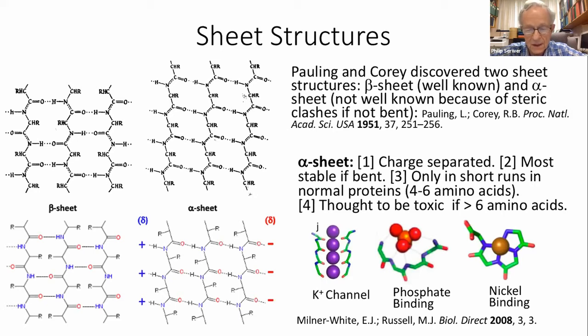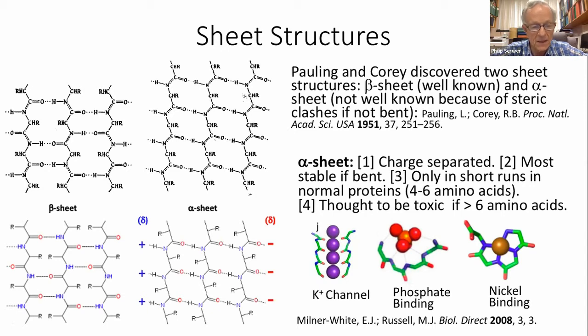Now note that the alpha sheet is bent in ion binding sites, and in general, the reason you don't know about alpha sheet is that there are steric clashes that tend to occur with the side chains, and those steric clashes are neutralized by bending. So that's an important take-home lesson from this slide. Alpha sheets tend to be bent.